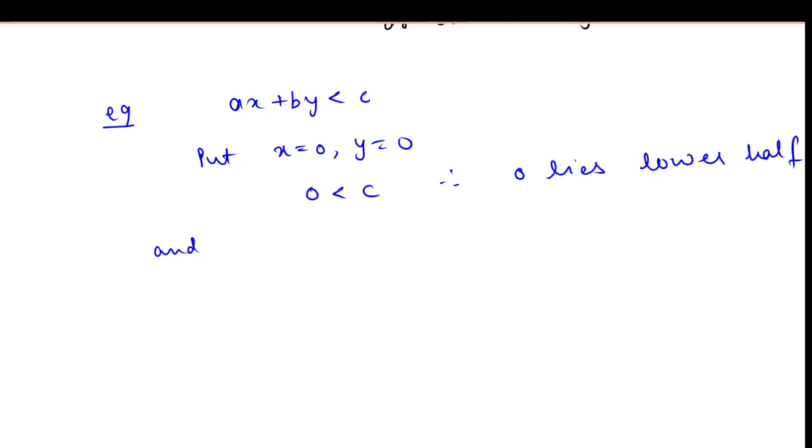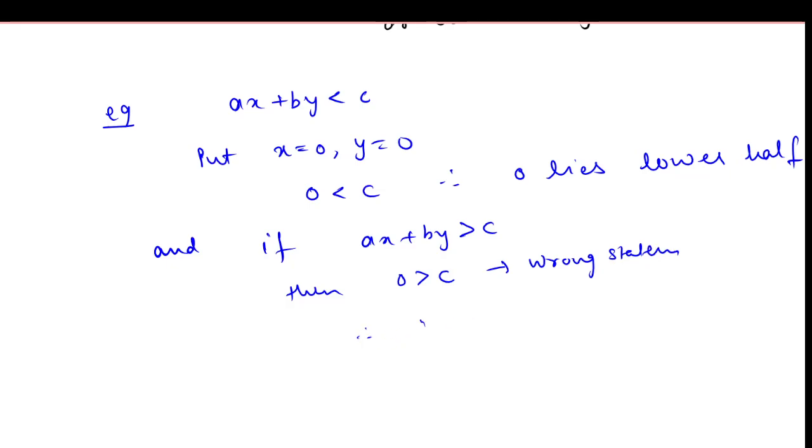And if ax plus by greater than c, then at x equal to 0 and y equal to 0, 0 is greater than c, which is a wrong statement. So therefore, 0 does not lie in that half.